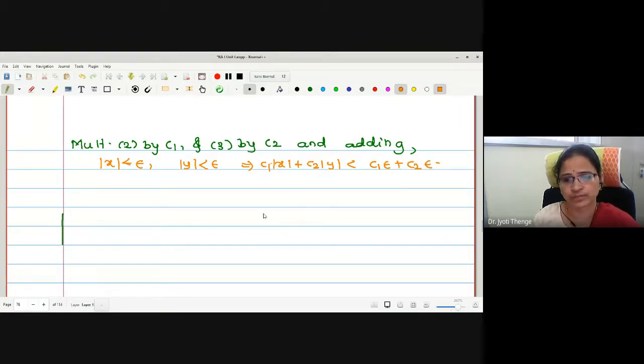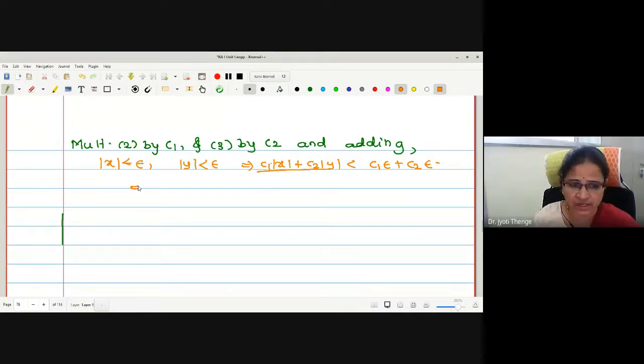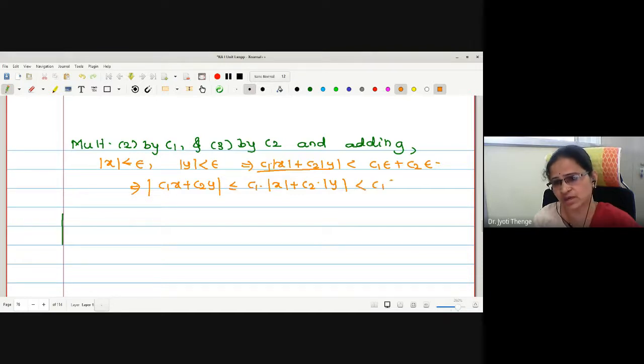But may I write mod of C1x plus C2y is less than or equal to C1 mod x plus C2 mod y, which is strictly less than C1 epsilon plus C2 epsilon.